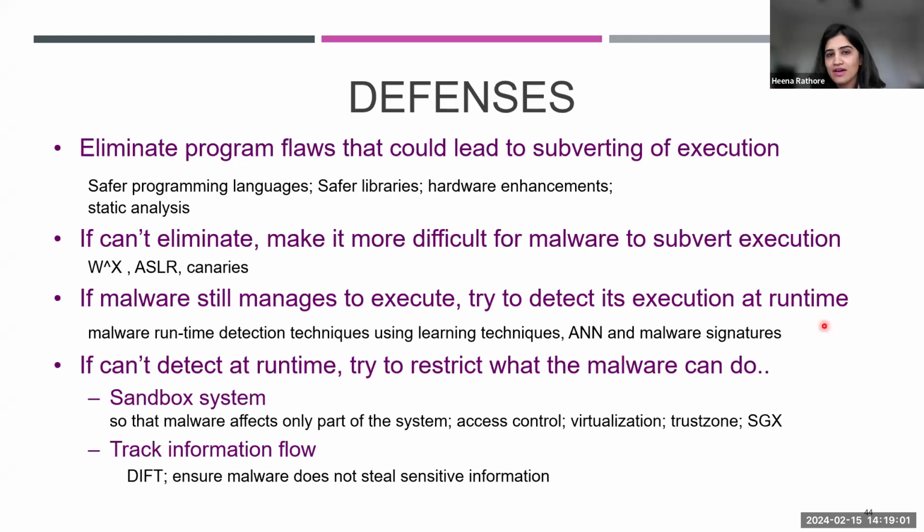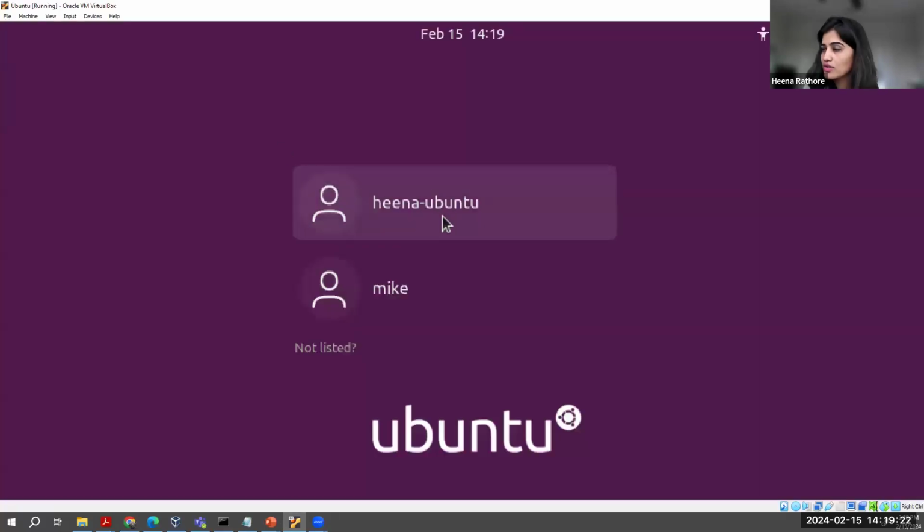So the way we can add some kind of defenses is using canaries. But before I introduce and tell you how exactly canaries work, let's first see how these addresses are seen on Unix machines.